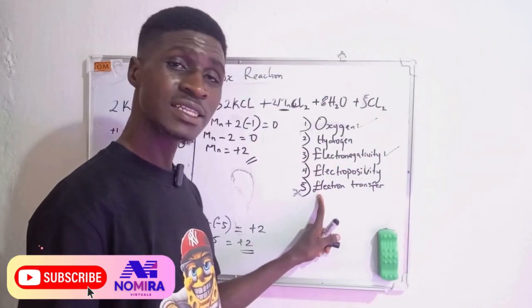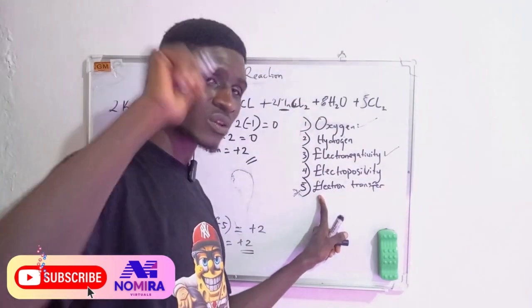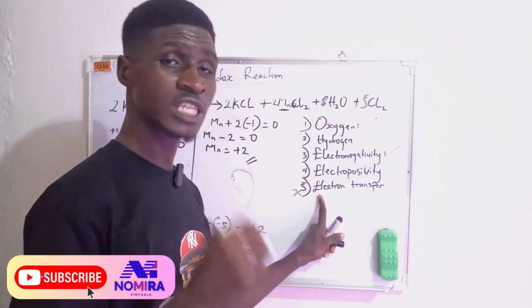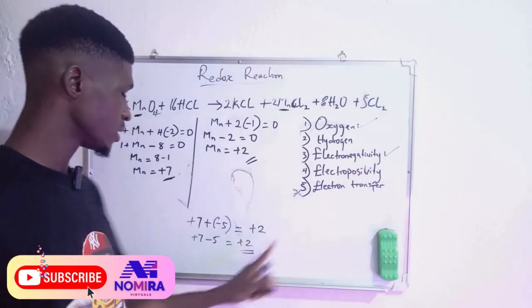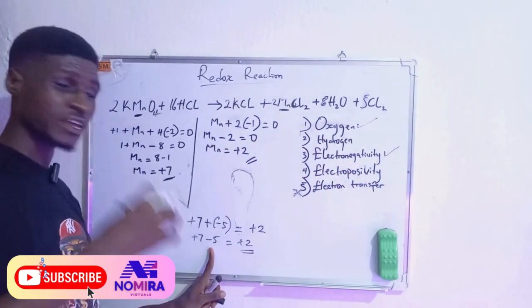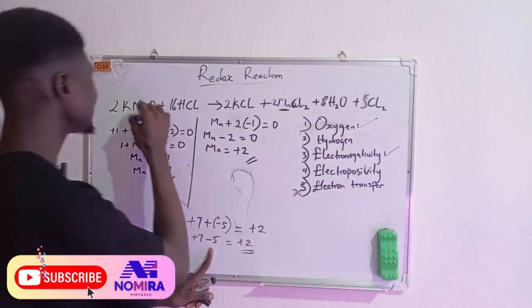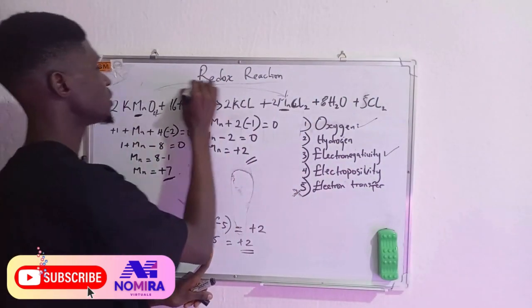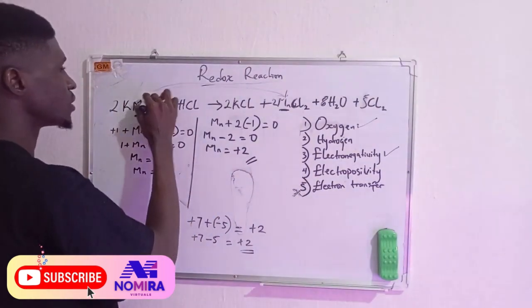But here we are saying that despite looking at electronegativity as minus, for you to have oxidation, you must remove electrons. Are you getting it? But here we are adding 5 electrons to obtain plus 2 on the product side. It means that this is a reduction reaction. If you have understood this, you have an edge over others.